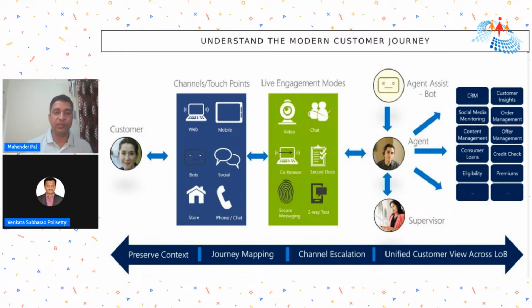Let's say they are on a portal and we have a chatbot which starts responding. It may look into the knowledge base and see if there is something related, and it may provide you the steps at that moment, which you can just read to resolve your issue.